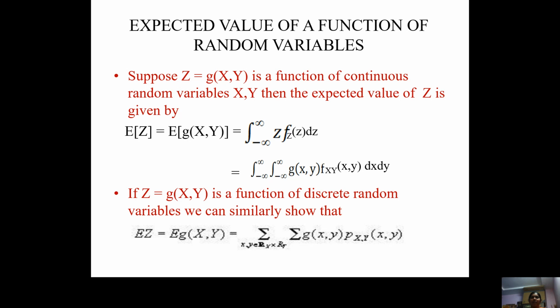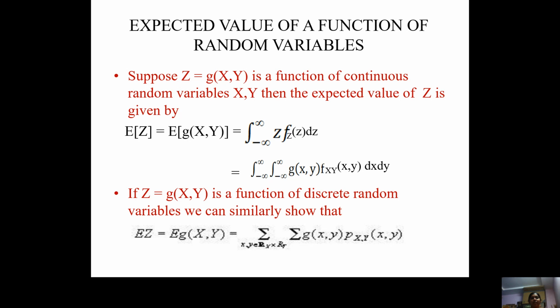Then the expected value of z is given by this formula: E of z equals E of g of x y, which is equal to the integral from minus infinity to infinity of z f z of z dz. Here z is the random variable, and f z of z is the probability density function of z.